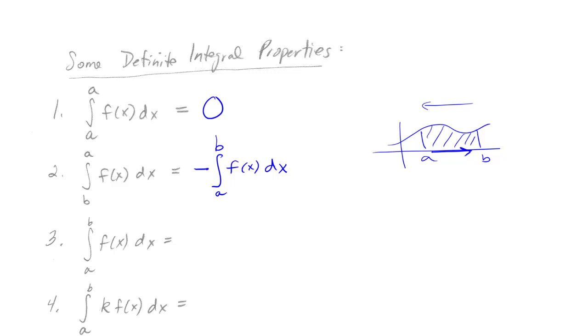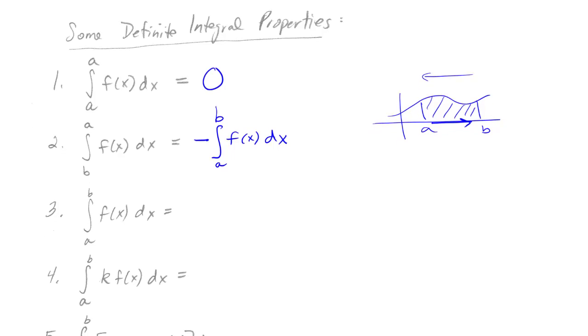Okay, so that brings us to another interesting property. If we want to do the integral from A to B of f of x dx, we don't have to go straight from A to B. We could do the integral from A to C of f of x dx plus the integral from C to B of f of x dx.